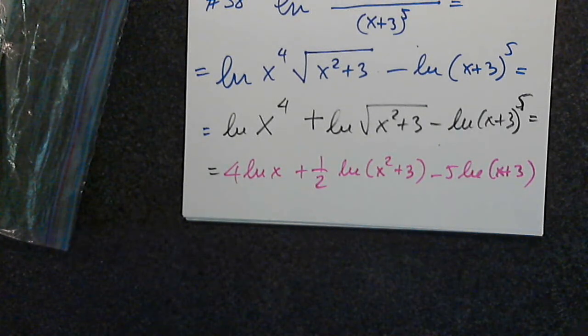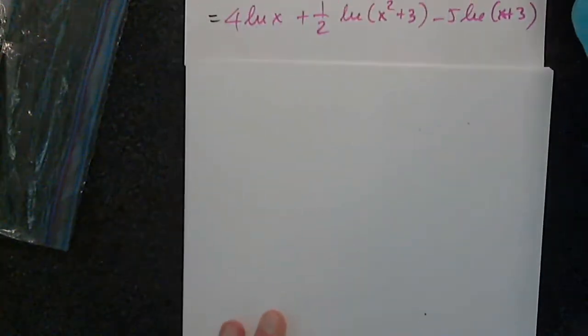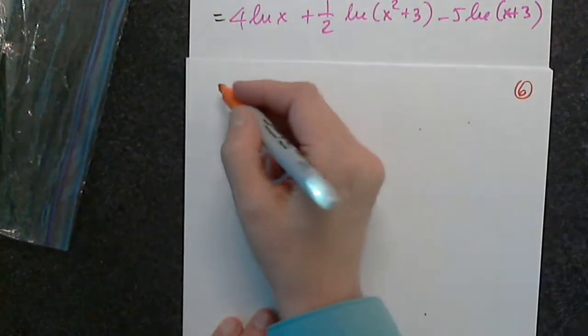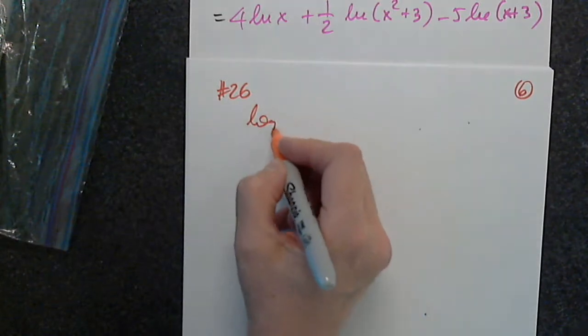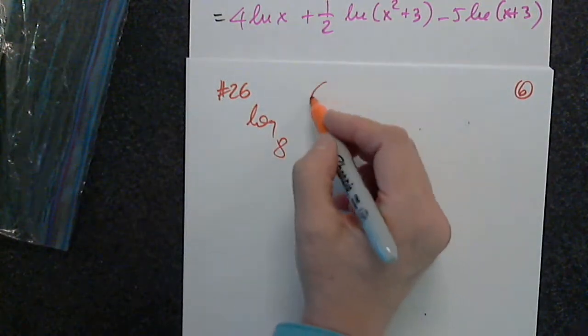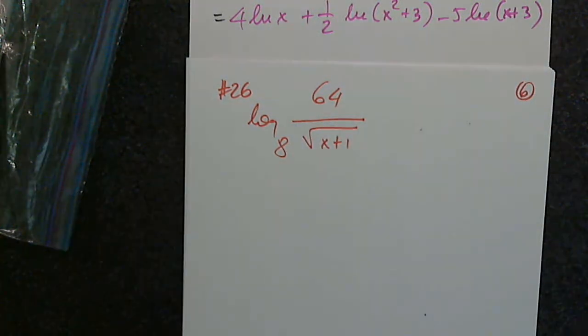How do we feel about expanding? Do we need another? Yes. Very good. And 26 caught my eye. If you have your book, please choose. 26: log base 8 of 64 divided by the square root of x plus 1.